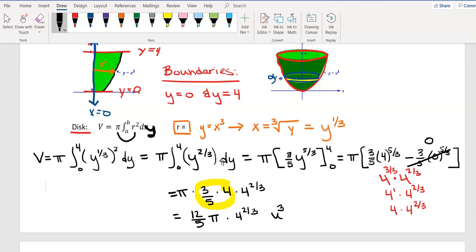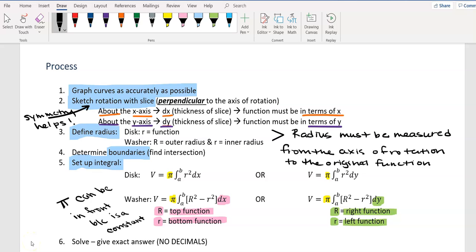So that is how you would revolve something around the y-axis when dealing with a disk, which means you do not have a hole or gap in the middle of your solid of revolution. So once again, now that you've seen rotations around both the x-axis and the y-axis, you can tell that the process is generally the same for both. The only difference is whether you're doing your function and integral in terms of x or in terms of y.